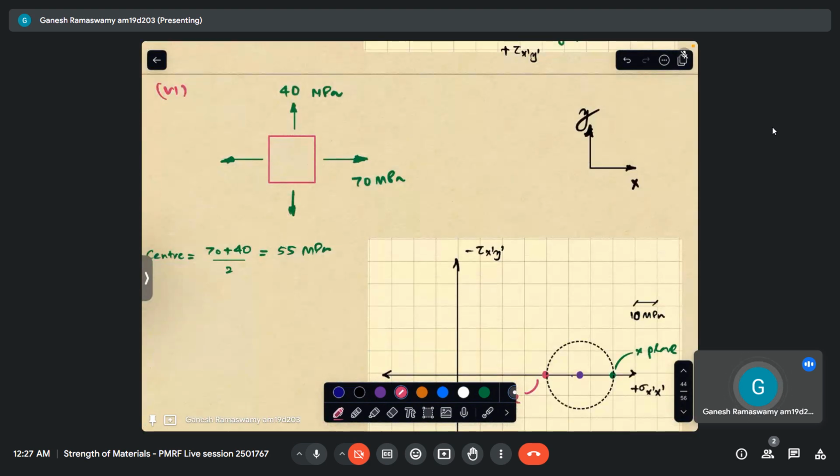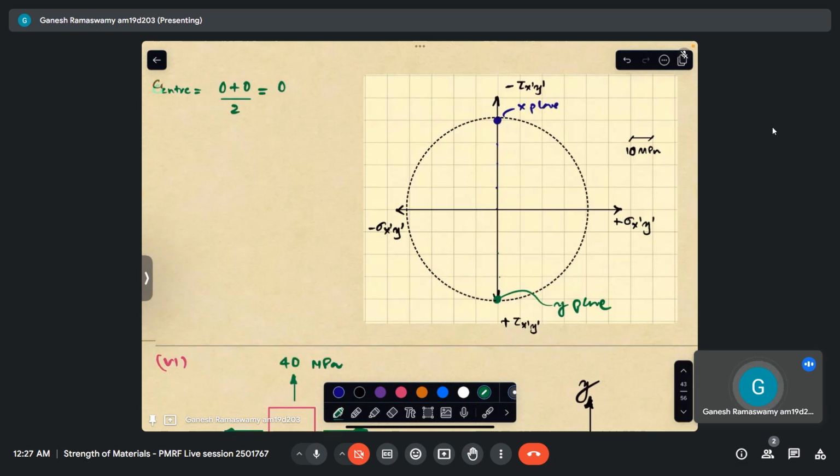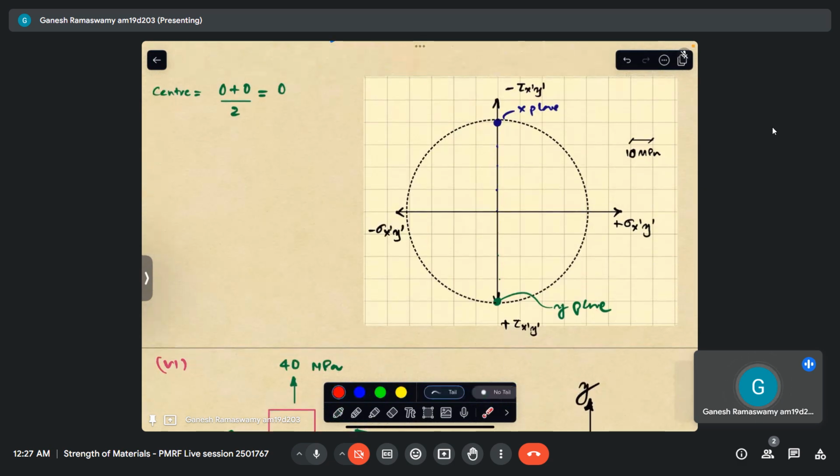Here there was no shear stress. Here there was only shear stress. So this is what is known as the pure shear state. And in this case, we see that this happens to be the maximum shear stress plane. This is where the shear stress is peaking. And here the normal stress is essentially zero.